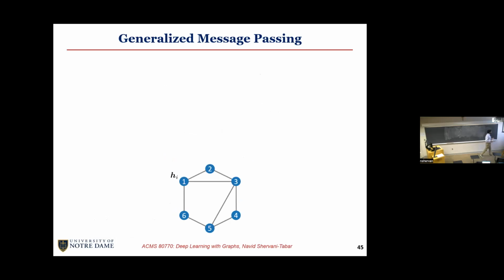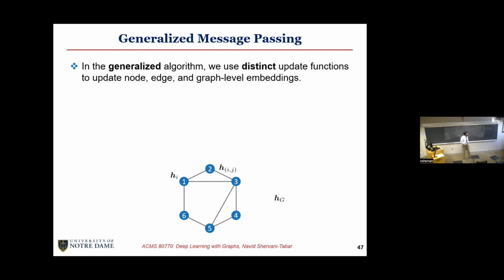So let's say that we have this graph. Now, in the previous problems, we were only considering our node embeddings. Now, we also have embeddings corresponding to all the edges in this graph, and we have one embedding corresponding to the whole graph.